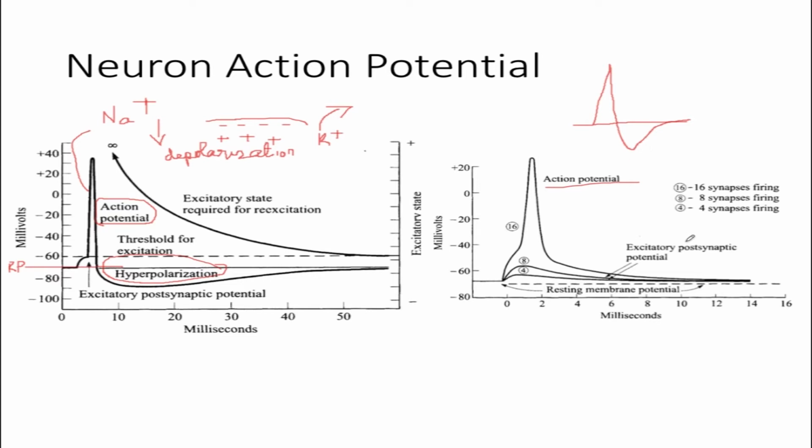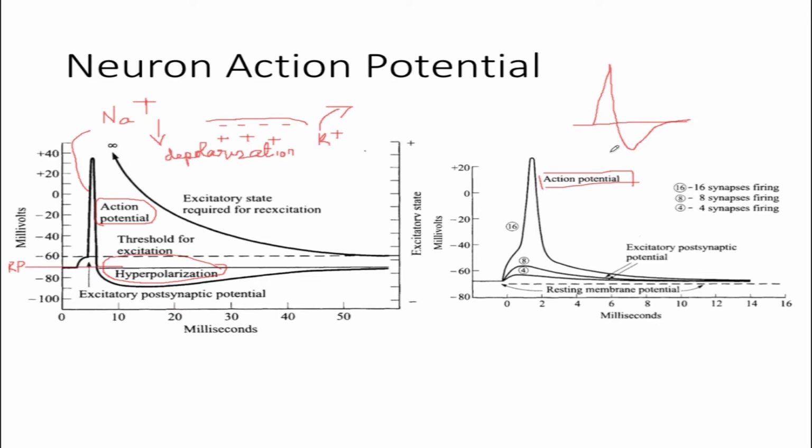Now, the other point to keep in mind is that the more receiving signals there are, like 4 synapses, 8 synapses, 16 synapses, the more this graded potential is going to increase, and that will finally create the generation of the action potential. However, as I told you earlier, the magnitude of the action potential by and large remains constant.